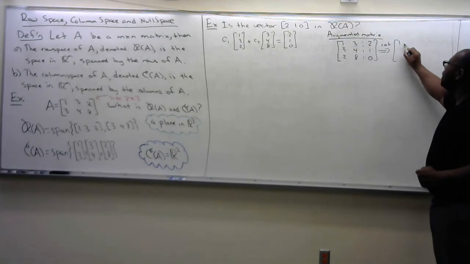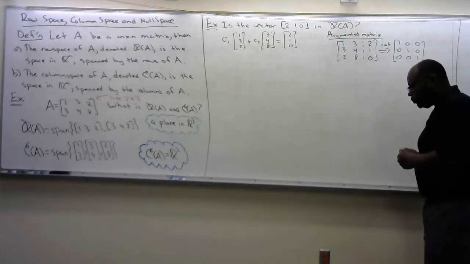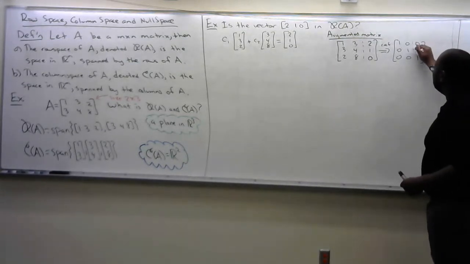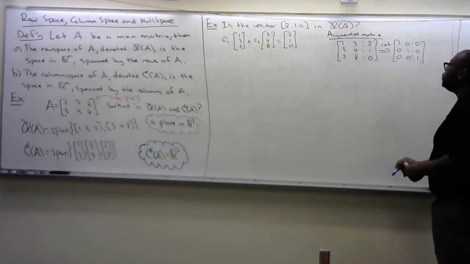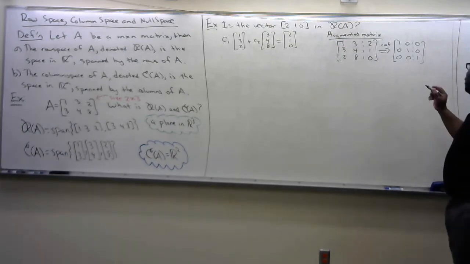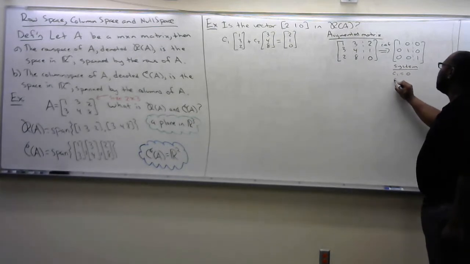You get 1, 0, 0, 0, 1, 0, 0, 0, 1. And the solution, when I write out the system, is that C1 is equal to 0, C2 is equal to 0, and 0 is equal to 1.